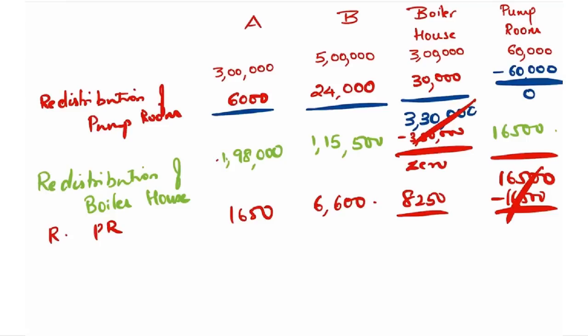So redistribution of boiler house, 8250 into 60%, that will be 4950, then 35%, 2888 and 825.